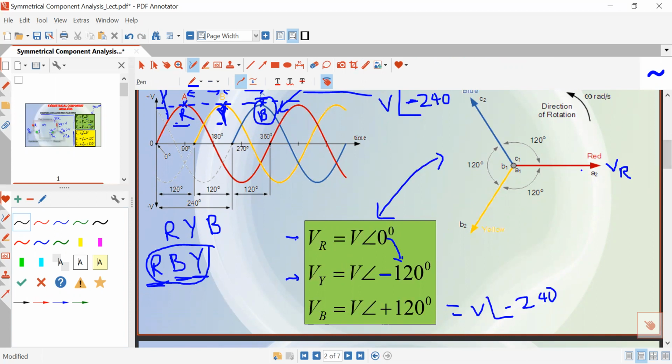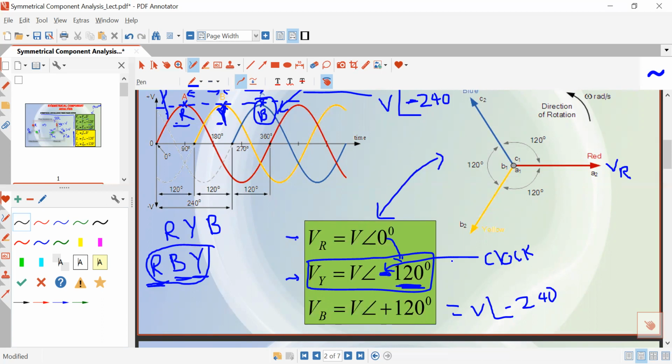So this is the reference vector. Now the task is to represent this voltage by a vector. You must note that this sign is minus. So from the reference, you have to draw another vector in the clockwise direction. This minus sign indicates you have to draw the vector in the clockwise direction, at an angle of 120 degrees.